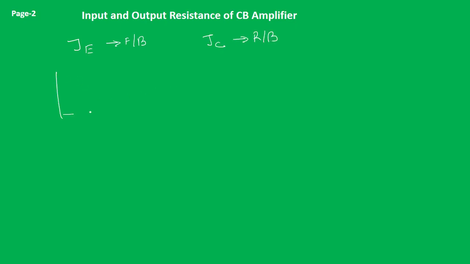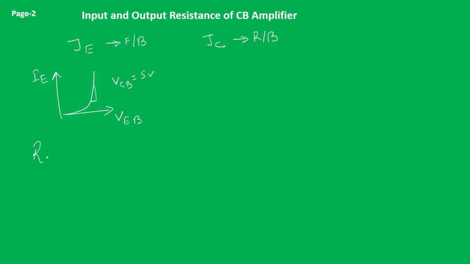So if we see the input characteristics of the transistor under common base mode, we have seen that IE is the input current and VEB is the input voltage, keeping the output voltage VCB constant. So let us consider any value, say 5 volt. So here it is constant, and if we look at the resistance at this point, we can see that for a very small change in the voltage there will be huge change in the current.